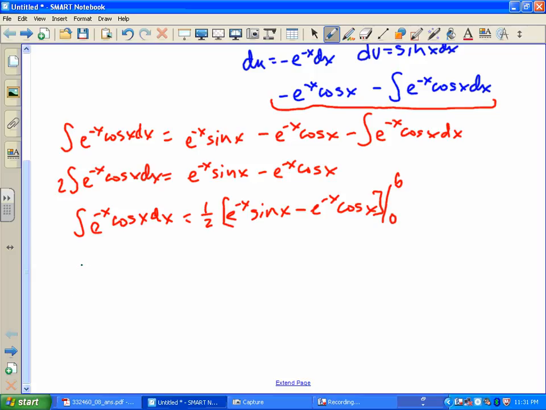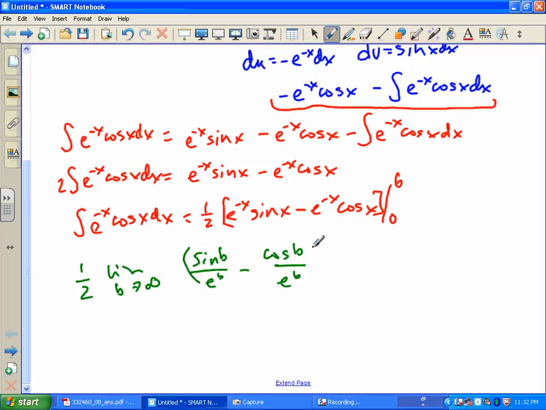I'll rewrite this a little bit nicer. So it looks like this. Since 1/2 is a constant, I can bring it out to the front: 1/2 times the limit as b approaches infinity. And I'm going to rewrite this so it makes my job easier: sine of b over e to the b minus cosine of b over e to the b.